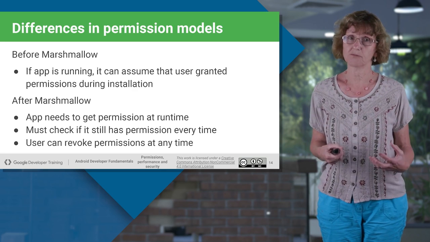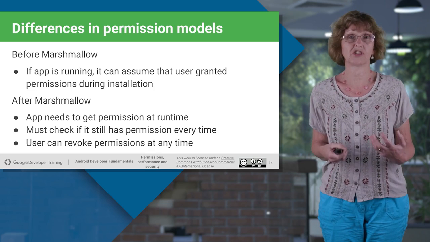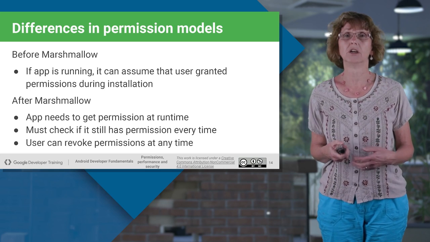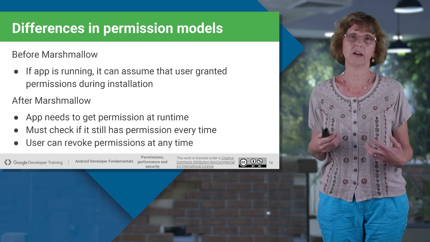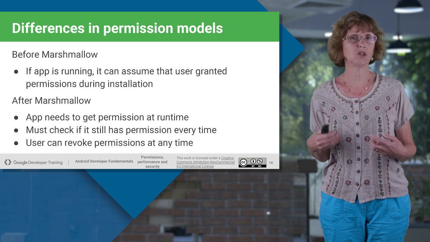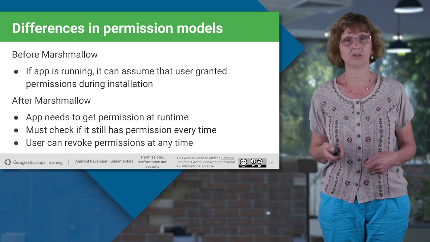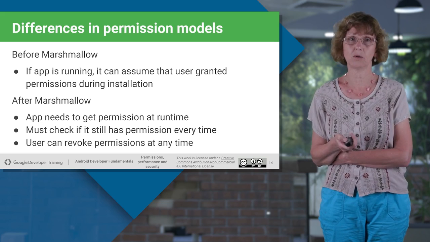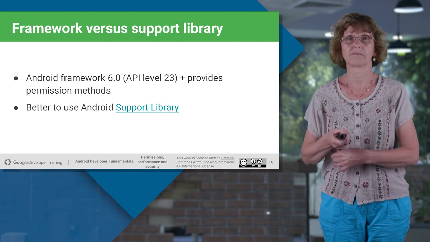But after Marshmallow, your app cannot make that assumption because the user can change their mind whenever they want. So the app needs to get permission at runtime, and not only the first time, but every time you do something that needs a permission, you have to check, because users can change their minds whenever they want and change permission however often they want.